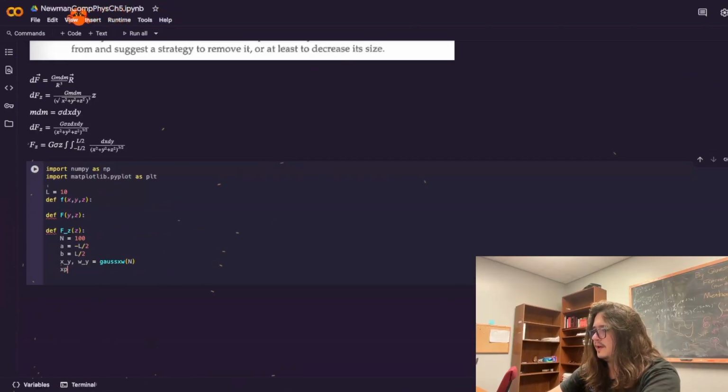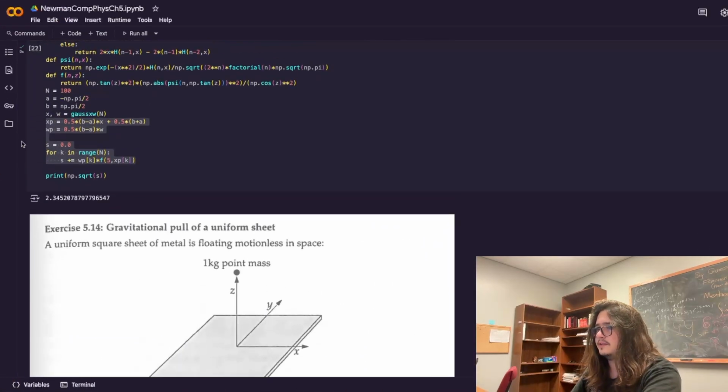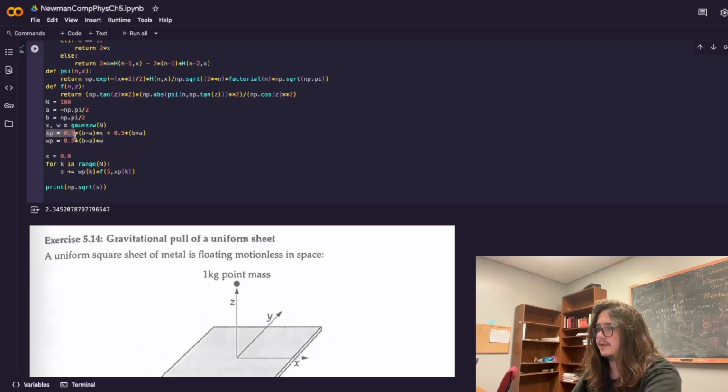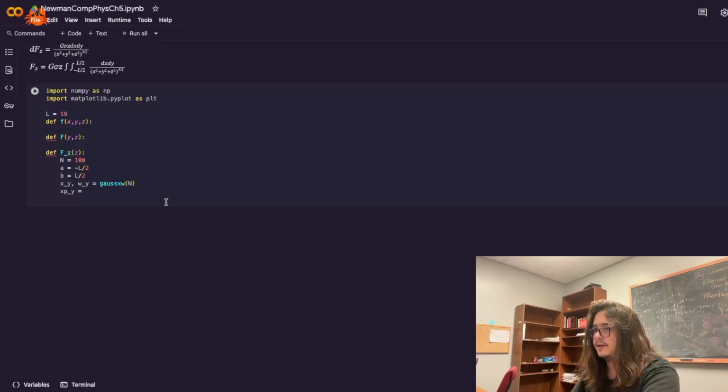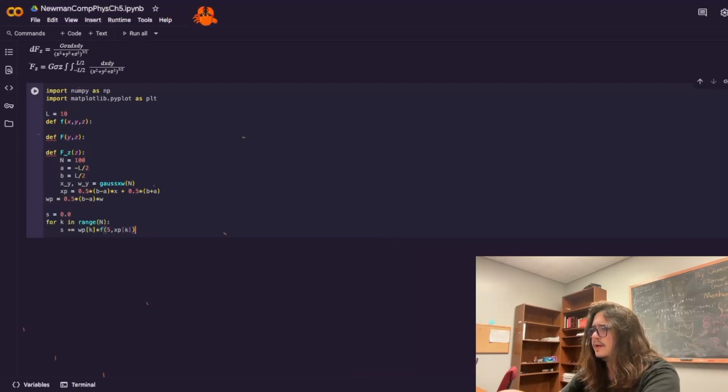Then you do your xp line, where I'm going to subscript it y. I'm just going to steal this from the Gaussian quadrature code that we've been using for the last 5 problems or so.